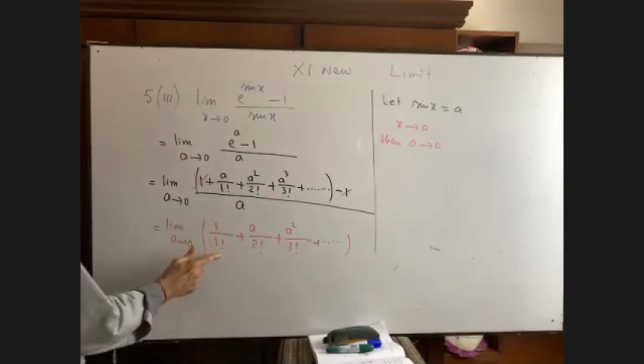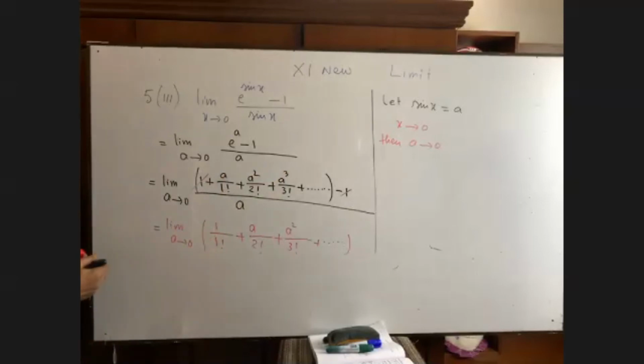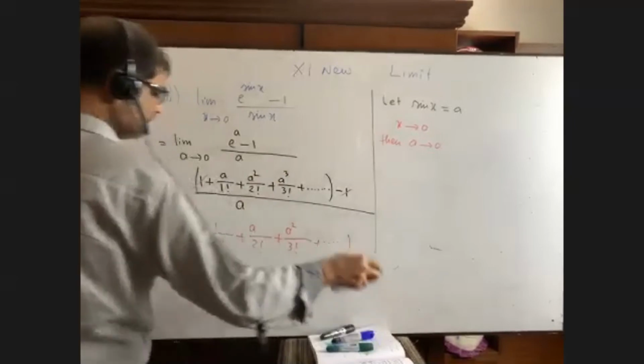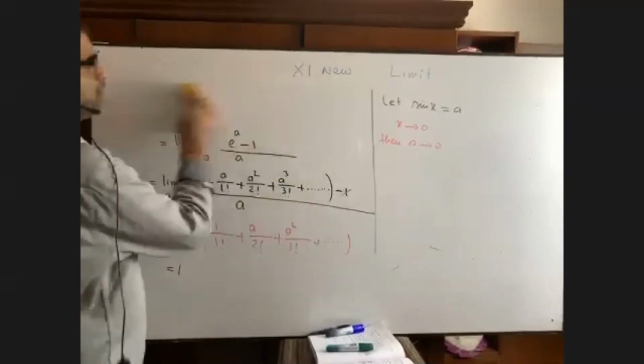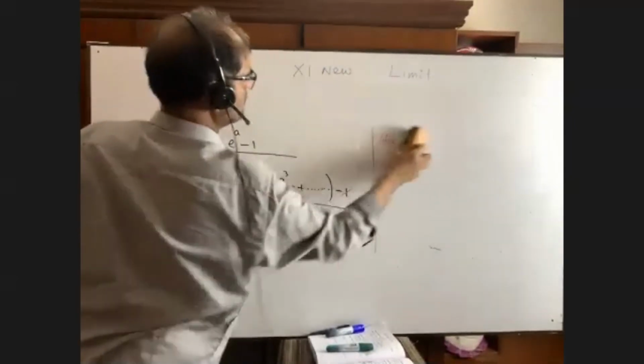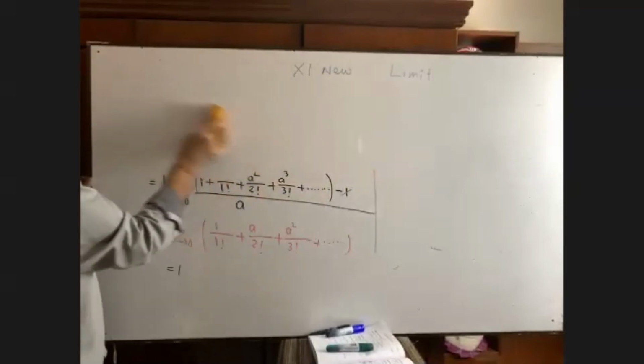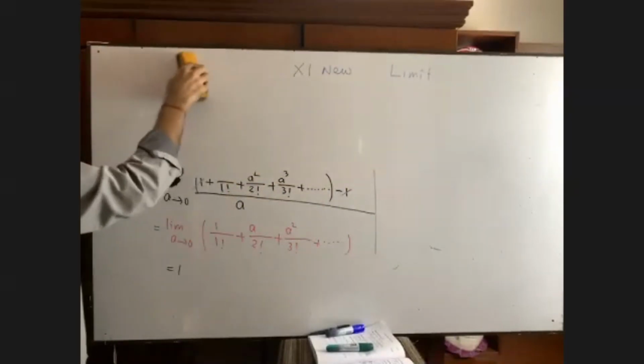So 1 by factorial 1 is equal to 1. So our answer is 1. Have you copied it?